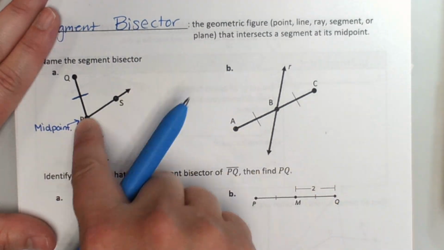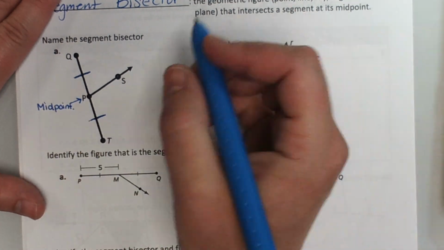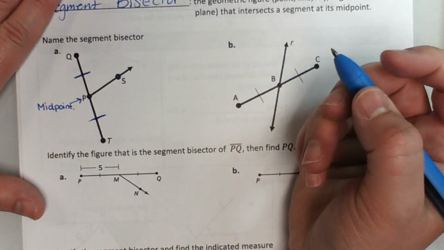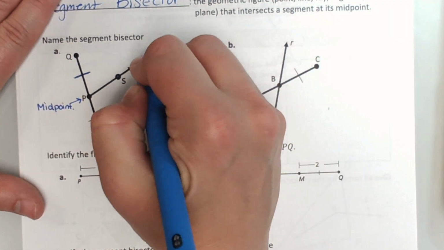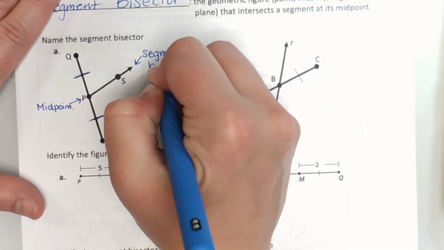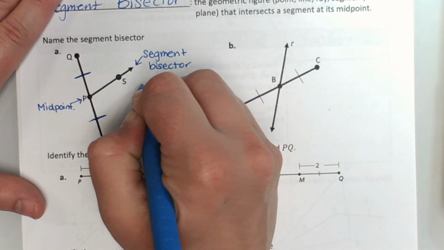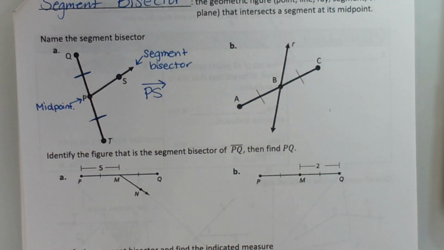That's this thing. Since it's hitting that midpoint, that is what we call the segment bisector. The ray PS is a segment bisector.